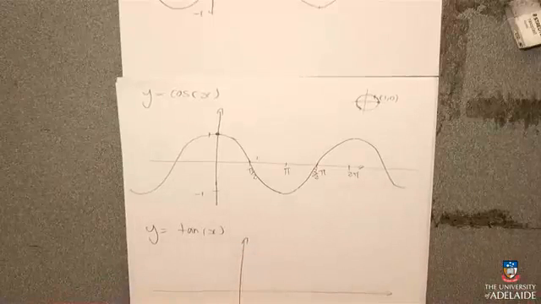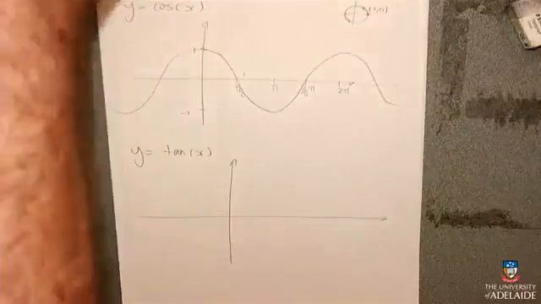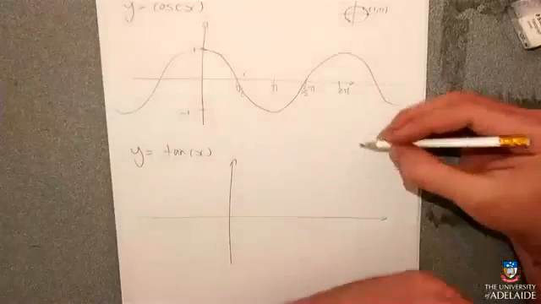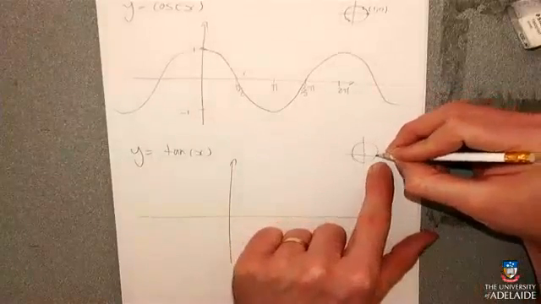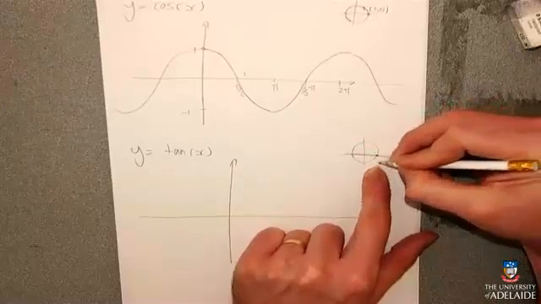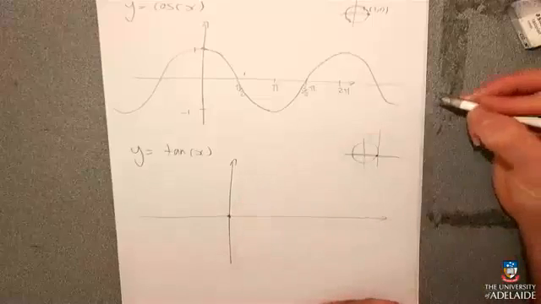All right, so let's think about what tan does. So my unit circle, tan of 0 is the slope of this line, right? Or possibly where that line meets the tangent. So it meets it at 0 here, so tan does that.